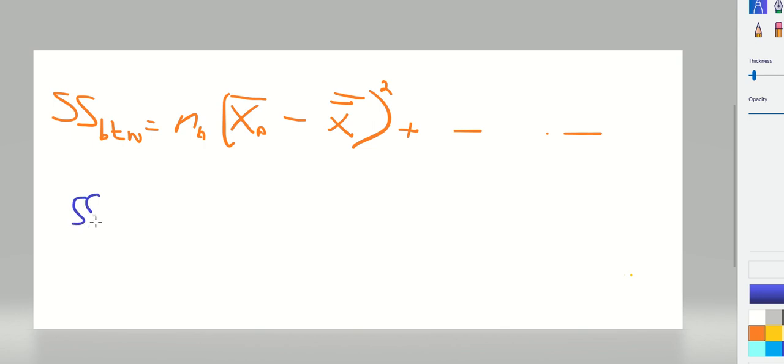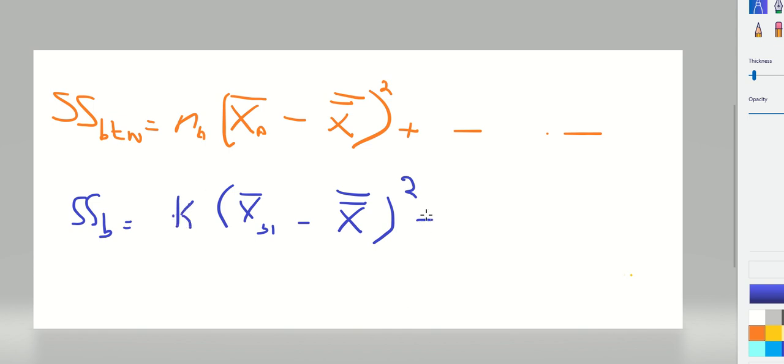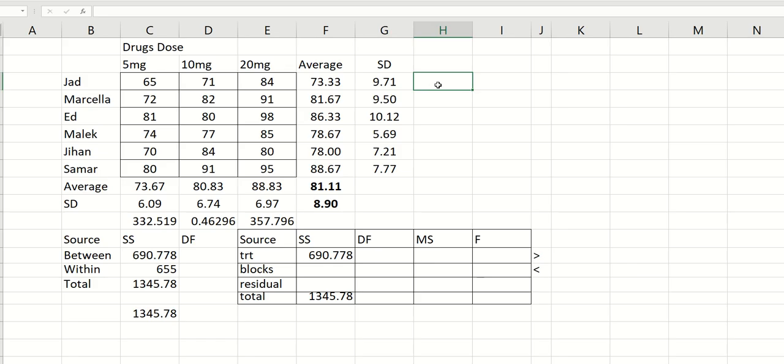So the sum of squares blocks is the average of block 1 minus the average of the averages, you square, and then you multiply it by the number that are in block 1. But the number in block 1 is nothing but the number of groups, k. And you do that for every one of them. So I take the average of Jad minus the average of the averages.